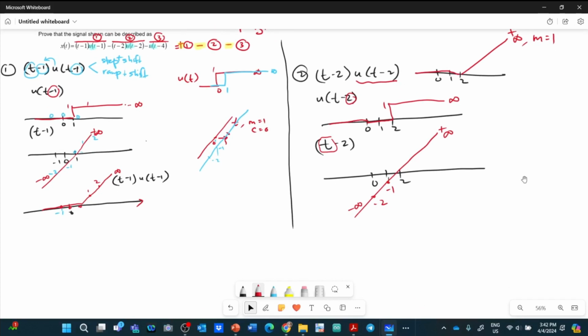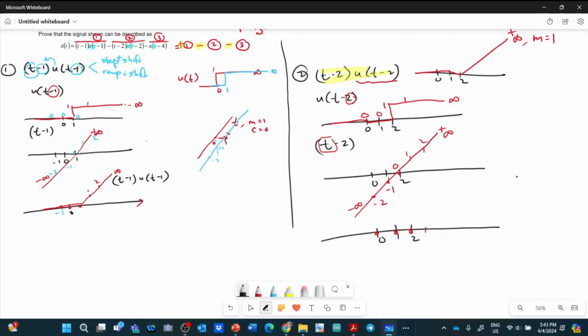Because we are answering this equation, we need to draw the final graph. So the final graph is 0, 1, 2. To avoid mistakes, put the amplitude at each point. So this is 0, 0, 1, minus 2; this is 0, 1, 2. We plot at 0: 0 times minus 2, 0. 0 times minus 1, 0. 1 times 0, 0. 1 times 1, 1.